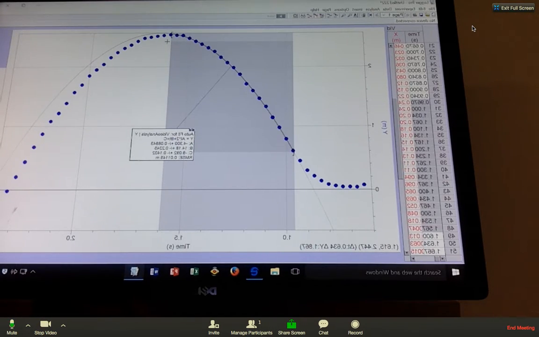And according to the model, what is your acceleration? What's your acceleration?